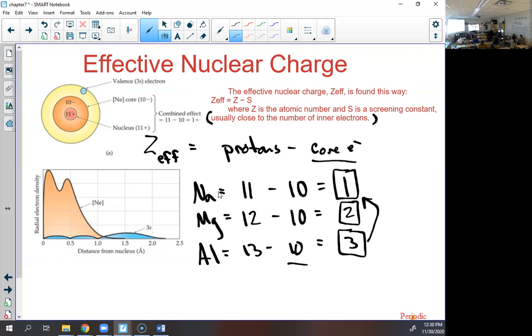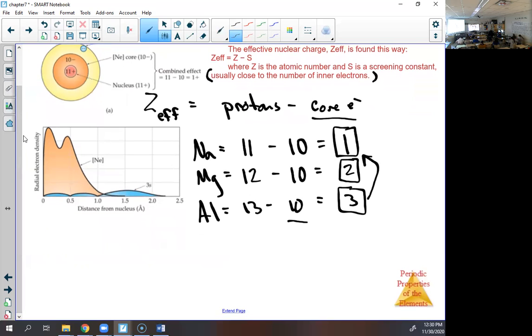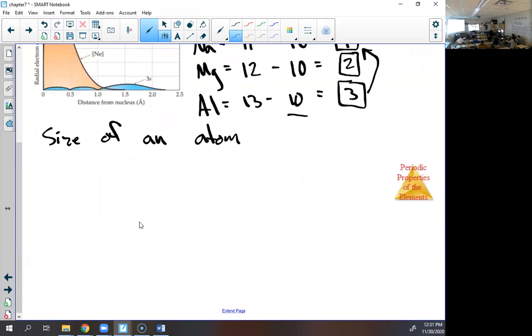Core electrons are called shielding electrons. Now, the reason we care about this is when we start talking about a trend. So when I talk about the size of an atom, and we'll come back to this in a minute, size is measured by the distance from the nucleus to the outermost electron.